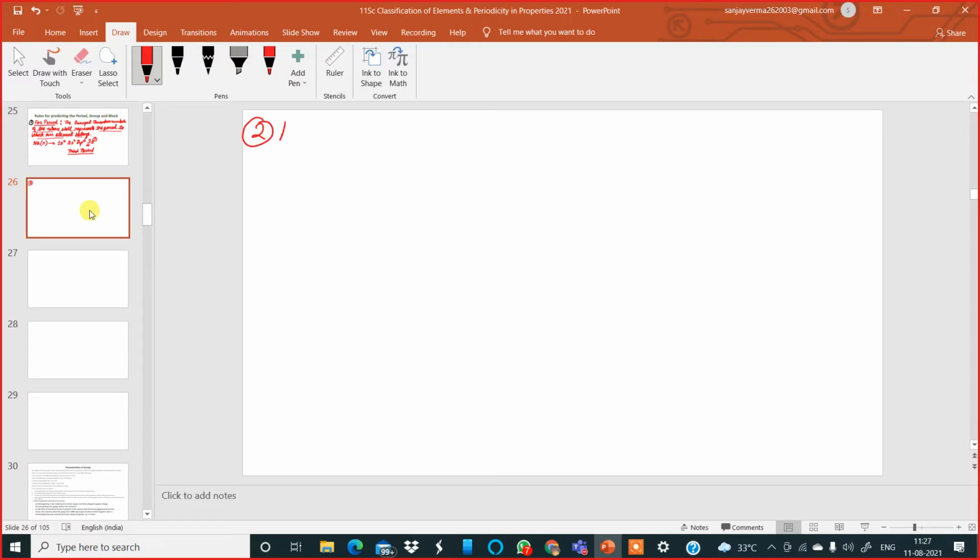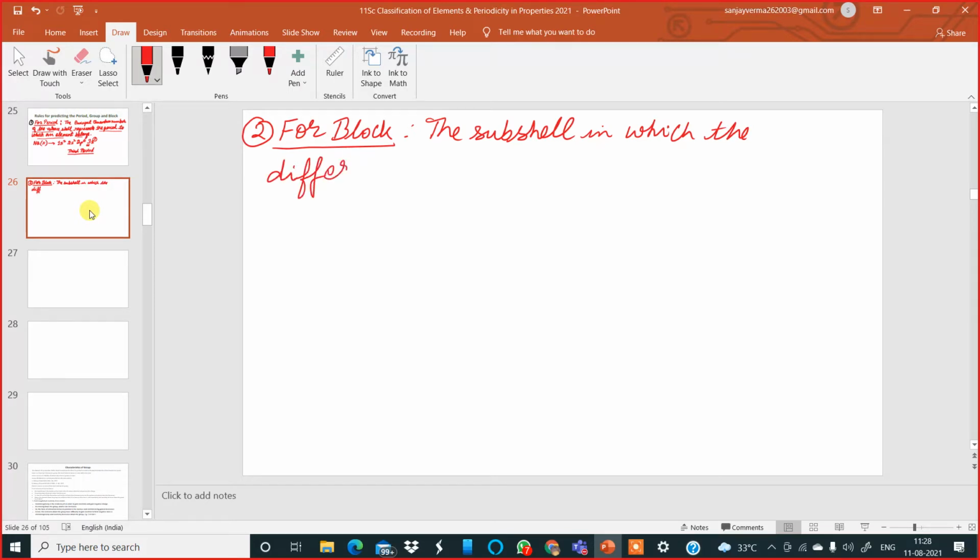Number 2, for block, remember the subshell, S or P or D or F, in which the differentiating electron enters, and this represents the block to which the given element belongs.